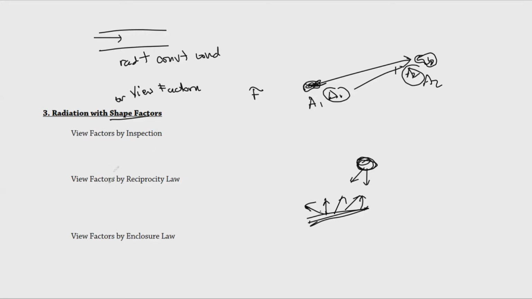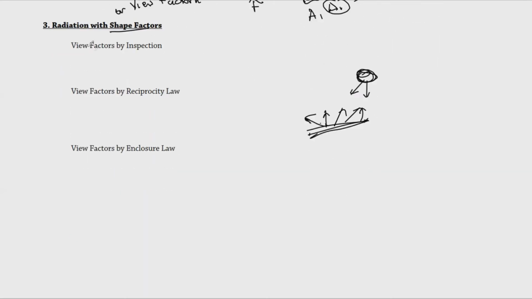So let's have these view factors by inspection first. As the name says, sometimes view factors can be solved by simply inspection. For example, I have a flat plate here, and I would like to enclose that in a dome. So it is now enclosed in a dome, and let's have area 1 here and then area 2. Area 1 is this flat plate and area 2 is the dome.